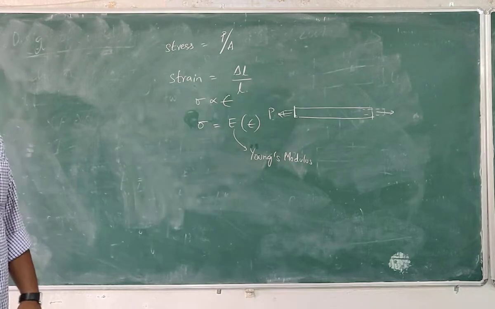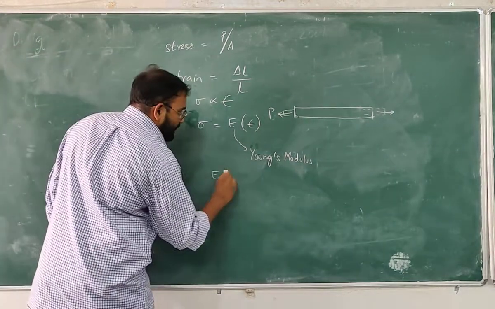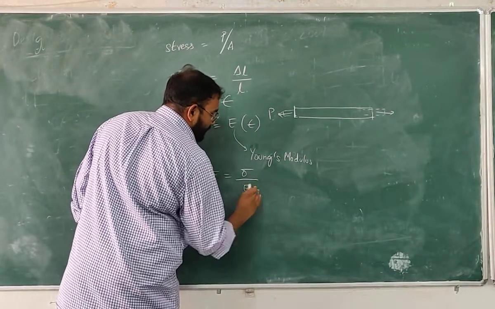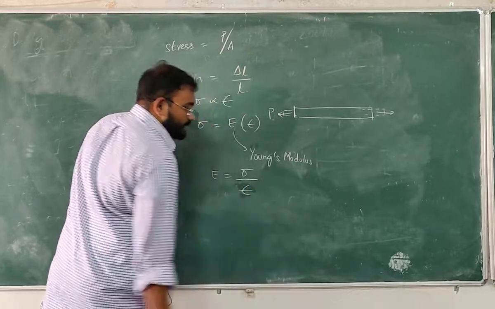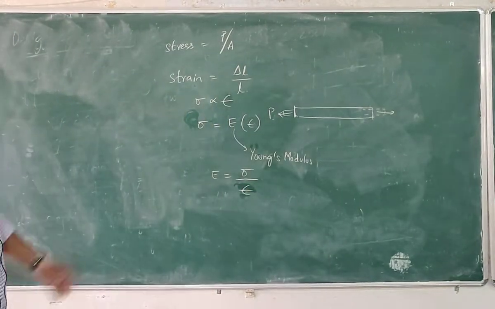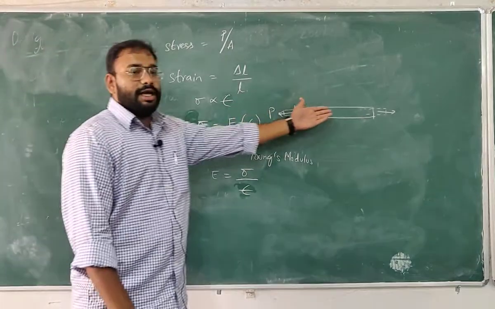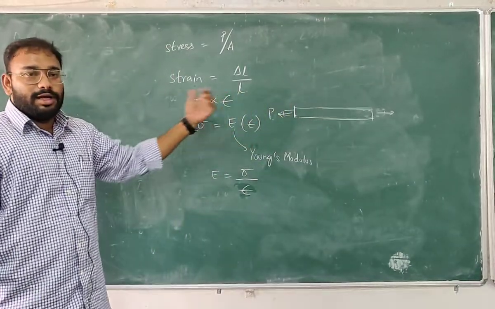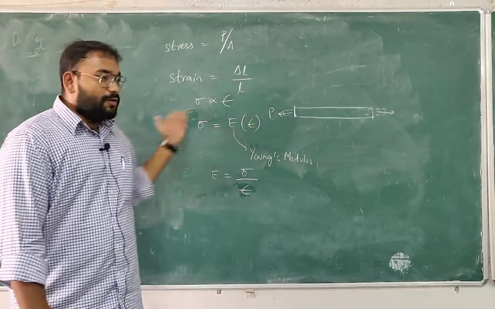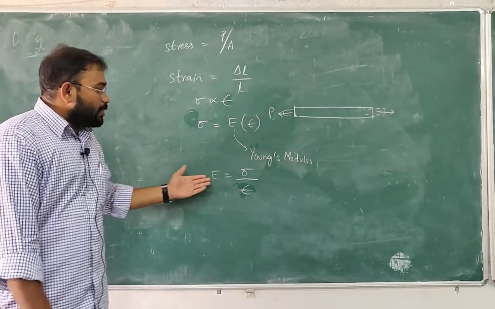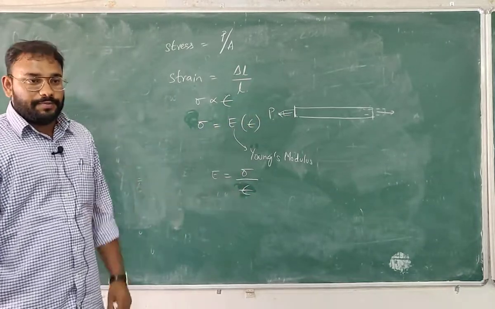From this relation we got E is equal to sigma by epsilon, which is stress by strain. Now if you consider a simple body subjected to force in one direction, Young's modulus will be equal to stress by strain.